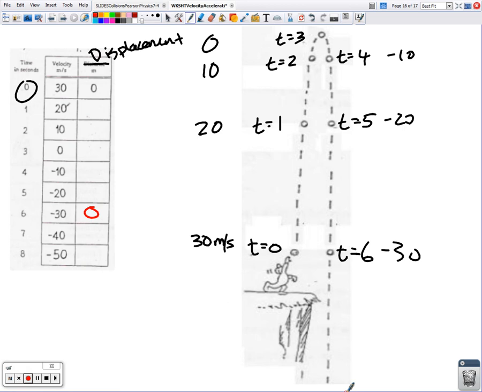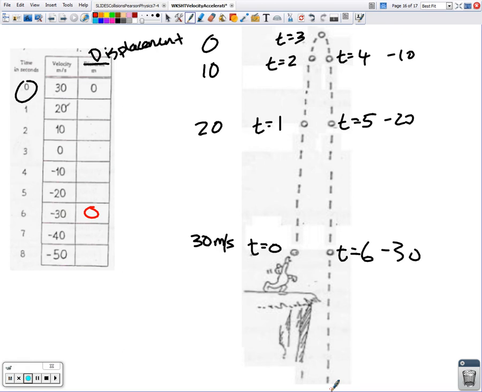So even though on this down trip over here the velocities are negative because it's traveling downward, we're still above where you started, so those displacements will be positive. Displacement won't end up being negative until you get here. Does that make sense? Because displacement tells you where, and velocity tells you what.